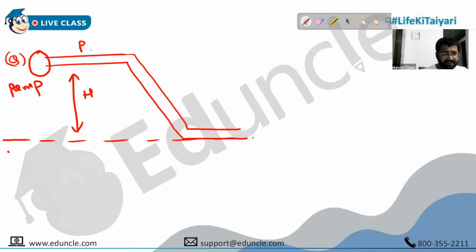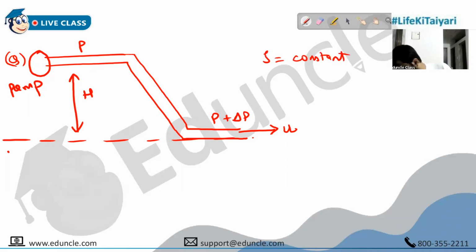They have given us here the pressure is p. They have given us here the pressure is p plus delta p. They have given us here the velocity is u. They have given us that density is rho and it's constant. And they're asking us the value of delta p, and then there are 4 options.